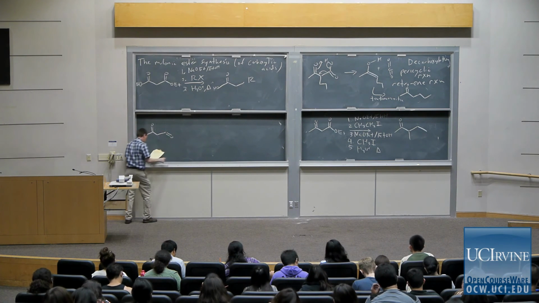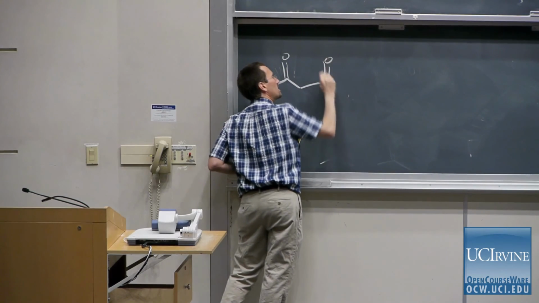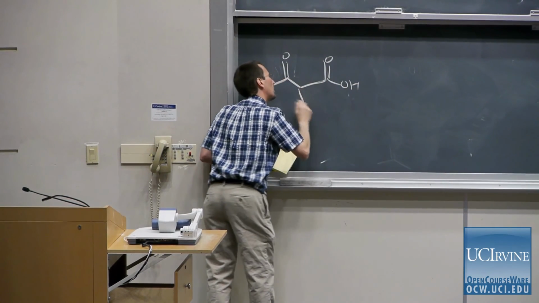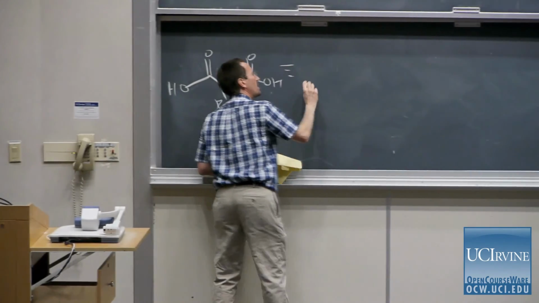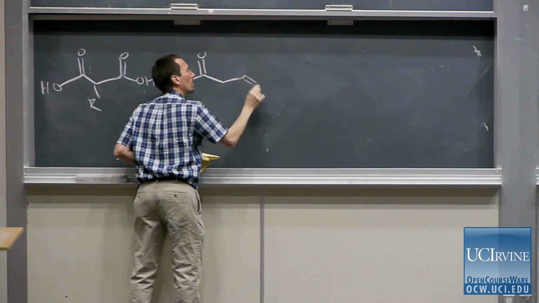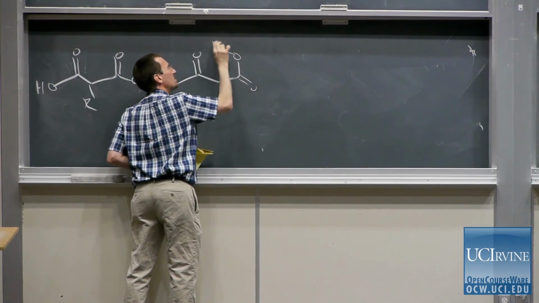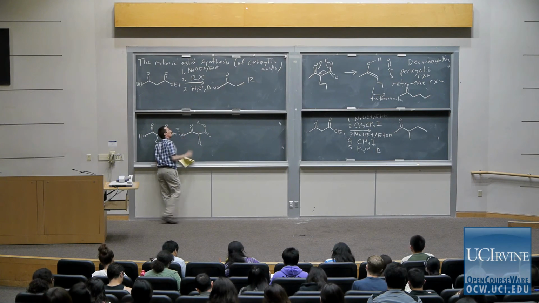Here's our diacid. I guess I'll write it once, sort of normally, so you can see it. And then I'll write it once in a more realistic conformation with an internal hydrogen bond, just like we did in the other case.